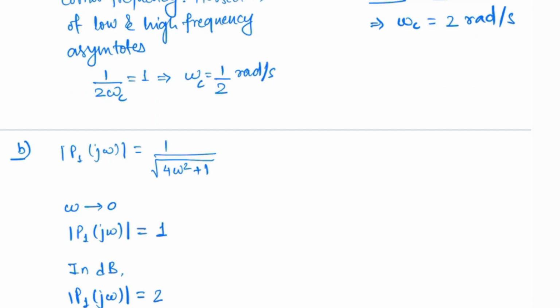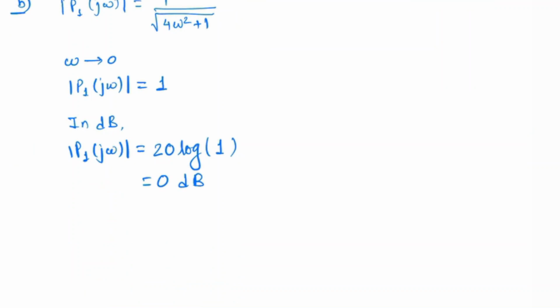If we were to convert this in decibels, it is equal to 20 log of whatever magnitude we have found out here, which is 1. So this would be 0 decibels. The magnitude we have found out for P2 was 2 square root of omega square plus 4.